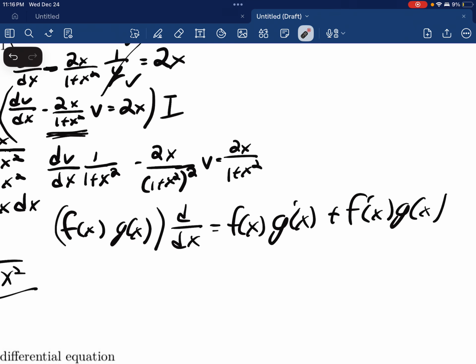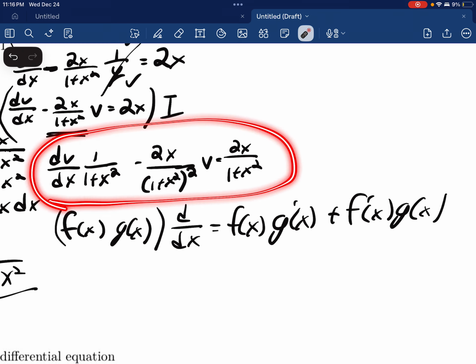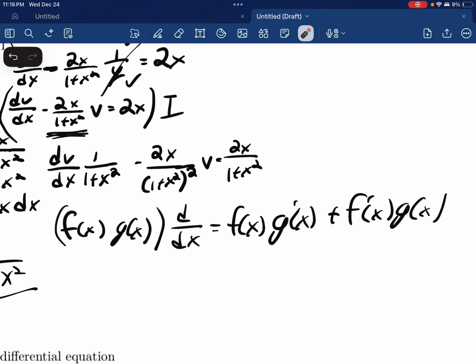Now let's try to apply that to what we found here. Okay, we can see that dv dx was differentiated on this side, but was left alone on this side, and it's just v. We'll see that 1 over 1 plus x squared was left alone here, but over here, it was differentiated, right? Okay, I hope that is clear.